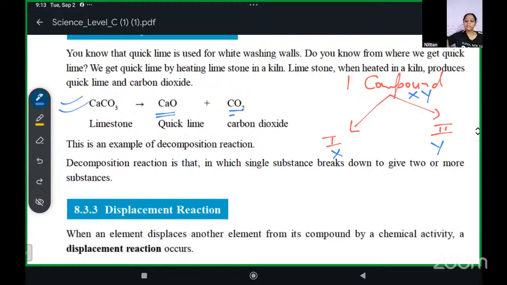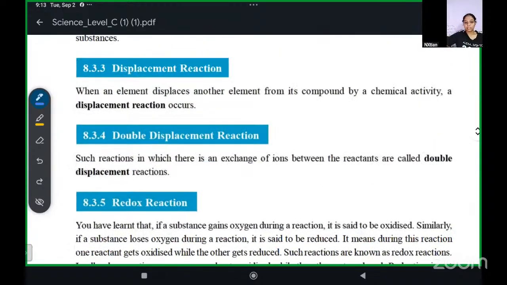Then displacement. Displacement is when a more reactive element displaces a less reactive element from its salt solution. For example, X plus YZ becomes XZ plus Y. Y is a less reactive element and it was displaced from YZ.